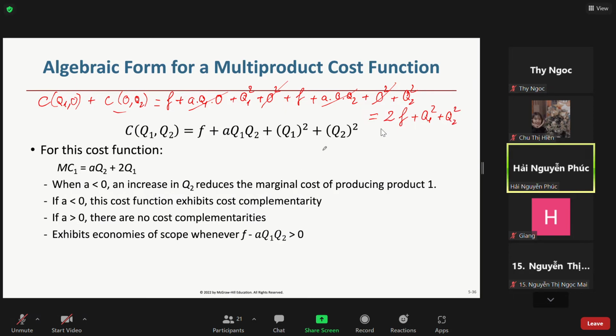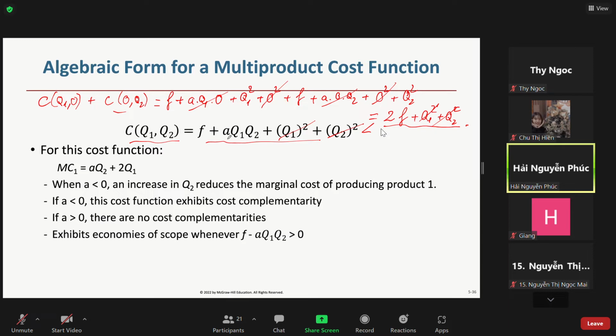And the requirement is that the total cost of joint production, this one, is smaller than this one, all right? So we can ignore this one, because it is on both sides of the equation.